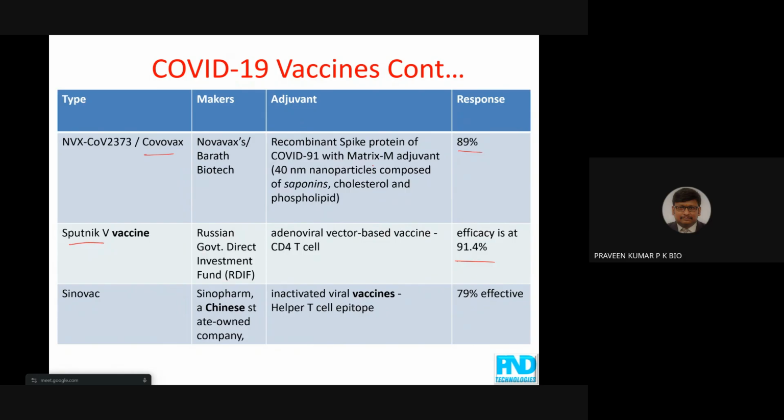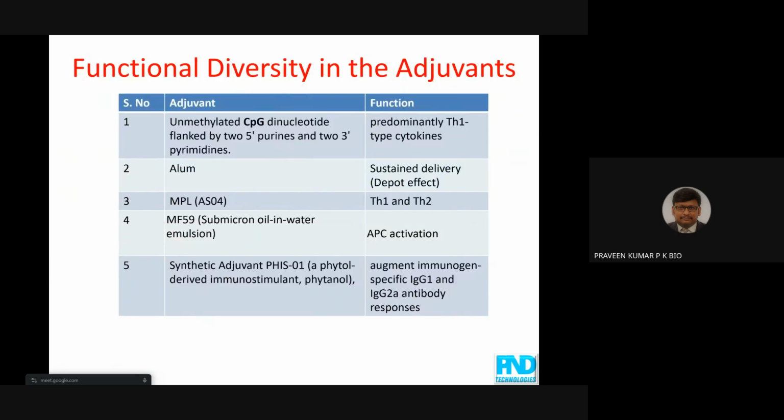In Novavax, Matrix-M adjuvant is used, which is saponins, a plant-based adjuvant. So you have to take note of this important thing. Like this, you can see that other COVID-19 vaccines also utilized plant-based adjuvants.